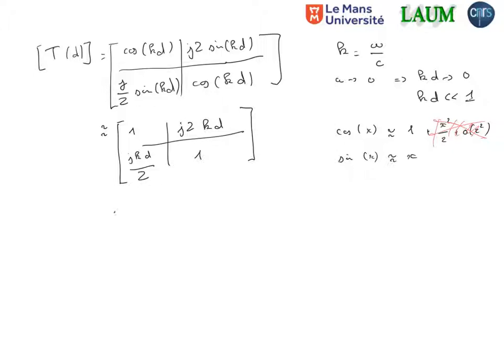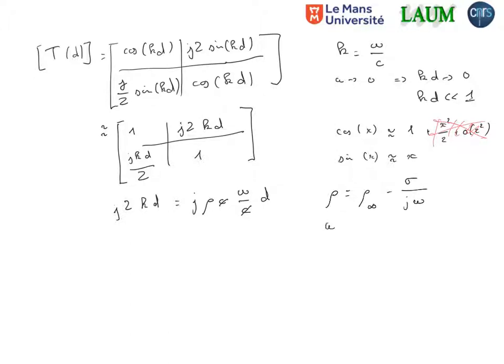Let's first consider jZKD. This is equal to j, Z is equal to rho times C, K is equal to omega over C, and we have this D. In the present case, this C can be simplified, and then the coefficient here is more or less equal to j rho omega D. But we have to know that rho is equal to rho infinite minus sigma over j omega.